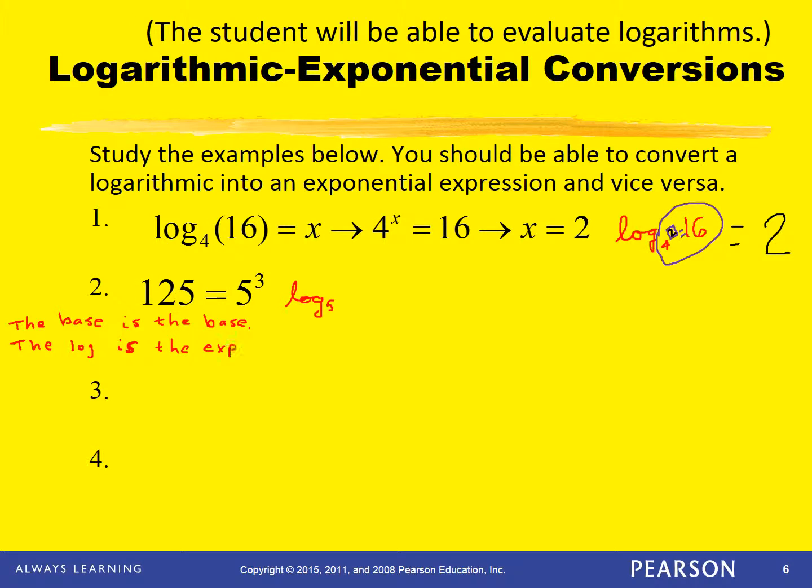The other thing we have to remember, the thing that we keep saying over and over again, and it'll sink in at some point, is that the log is the exponent.